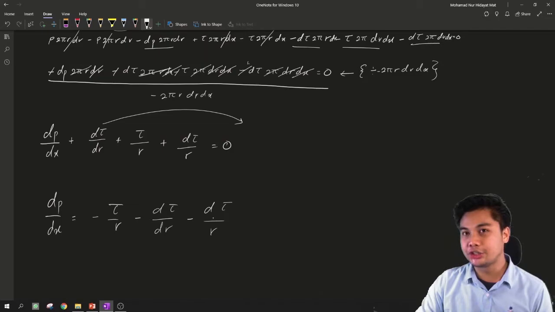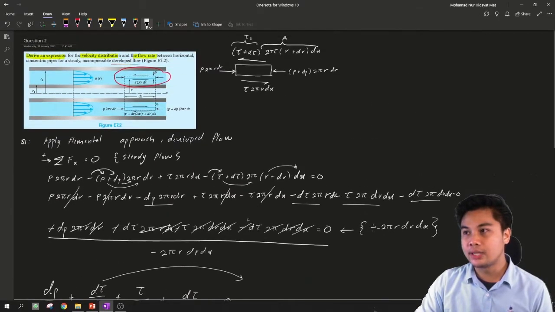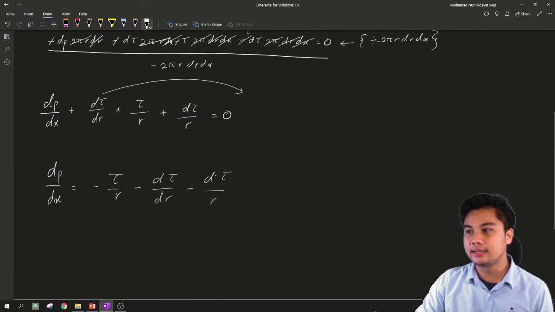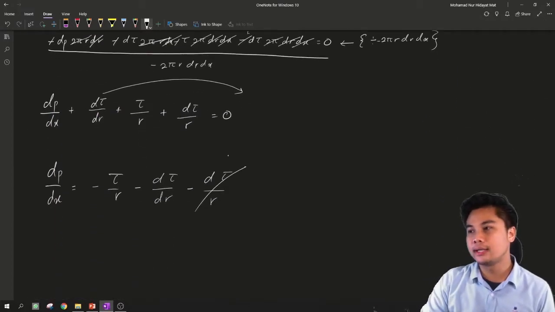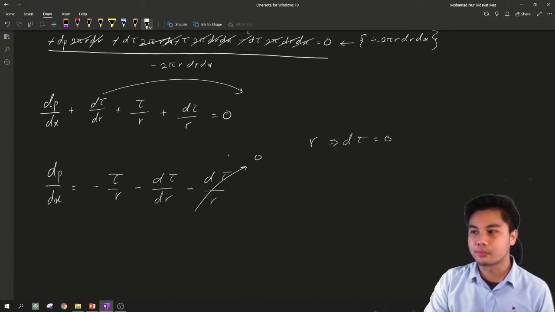Is there any change of tau with the constant radius? With the constant radius, there is no change in d tau. So this one is actually equal to 0. At constant r, d tau is equal to 0. There is no change in d tau.